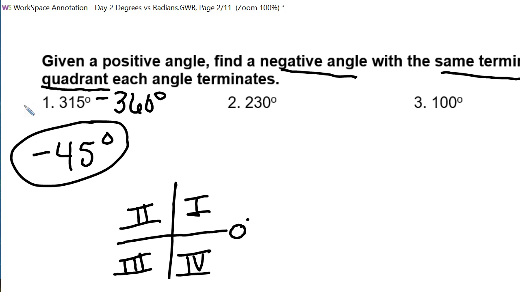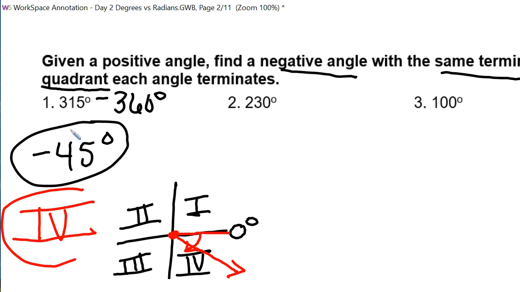And if we have negative, that means we are rotating from the positive x-axis clockwise. So negative 45 degrees would terminate in which quadrant? 4. So that's part 2. Part 1 states the negative coterminal angle. Part 2 states which quadrant it would terminate in.